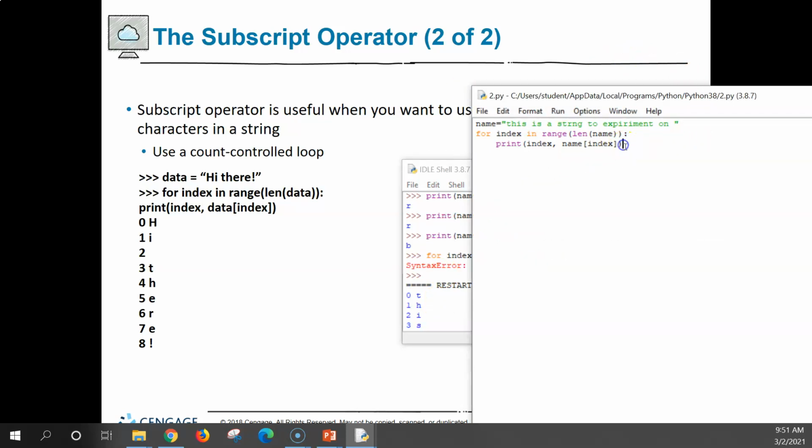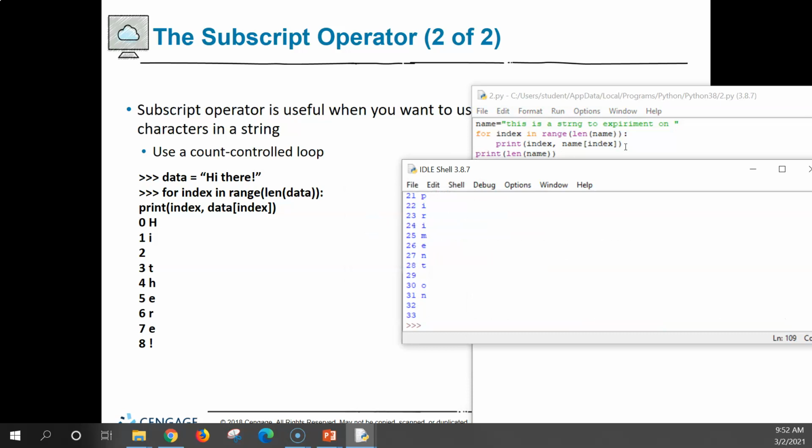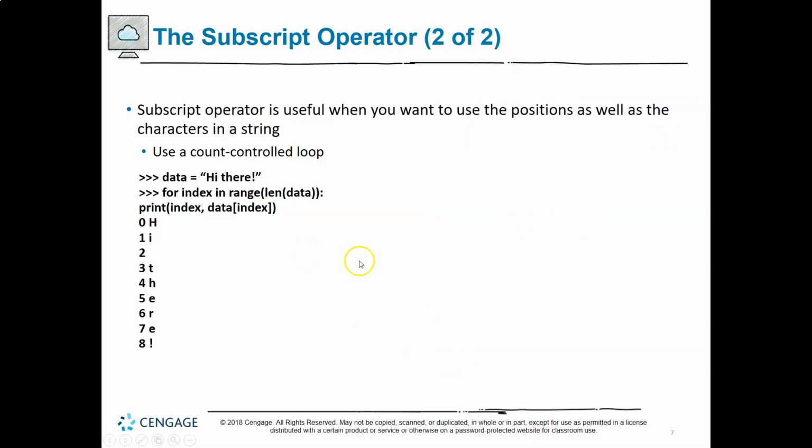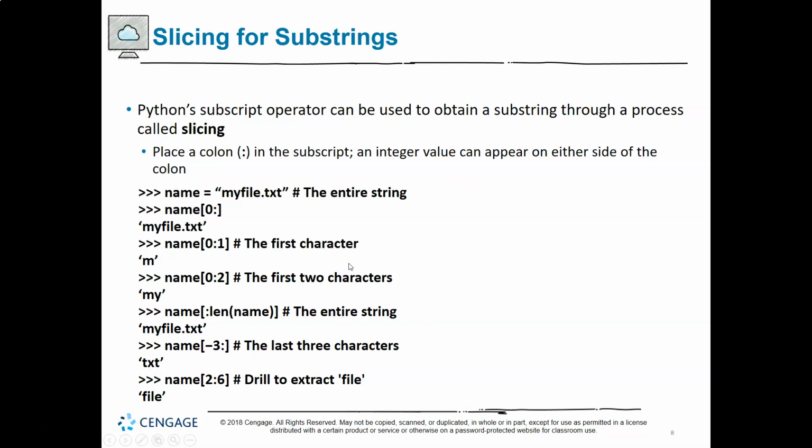So if I added that after my loop, print length of name, now it's going to say, hey, you had 33 characters in there. So kind of a handy way to be able to scroll through our data. So even though it's a string and we can't manipulate it as a number directly, we can actually start to get that data and manipulate it as a string.